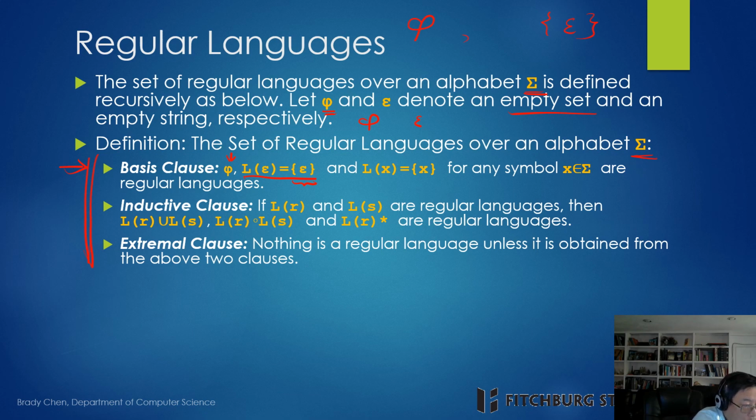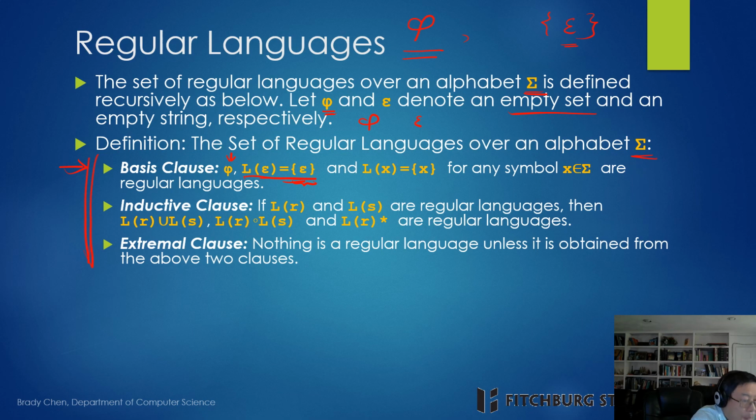Now empty set contains no element. The set that contains the empty string is not an empty set. There's one element in the set, that's the epsilon. Okay, so that's different. This one contains an element. So first, the empty set and the set containing the empty string, these two are regular languages.